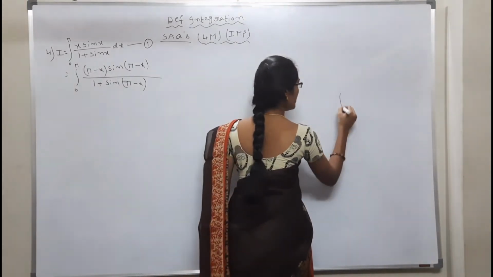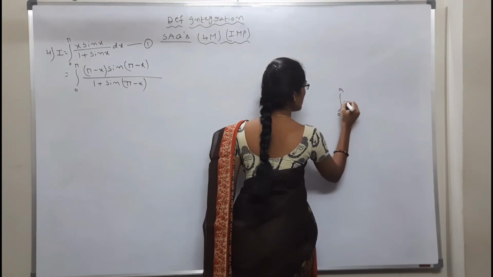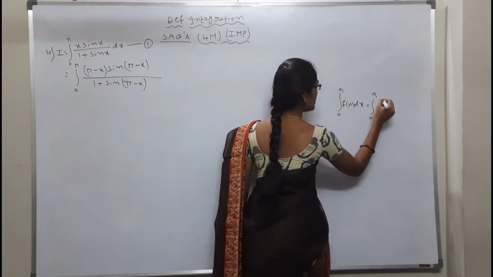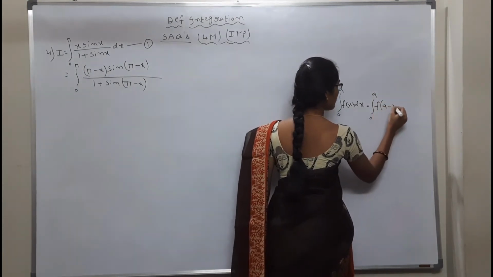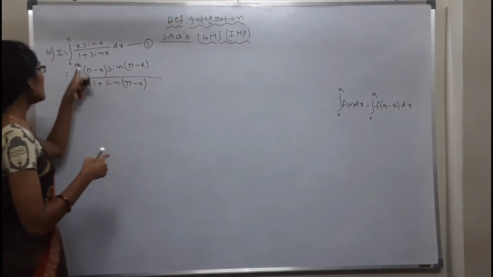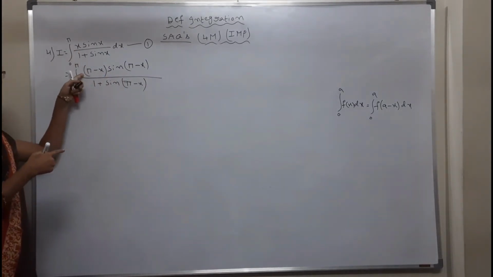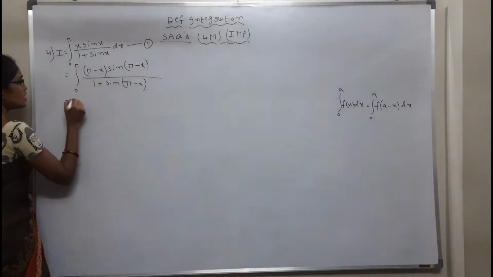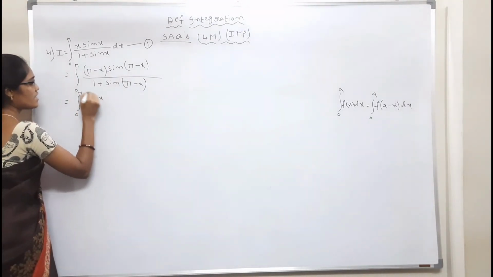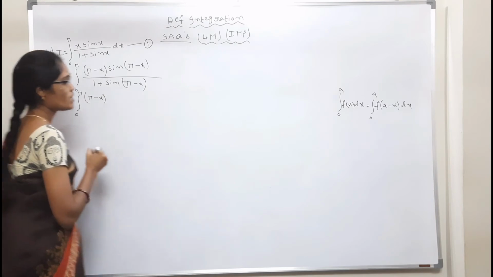The formula is integral 0 to a f of x dx is equal to integral 0 to a f of a minus x dx. According to this formula, in this x place you have to write pi minus x. That is equal to integral 0 to pi, minus x right as it is, sin of 180 minus theta.